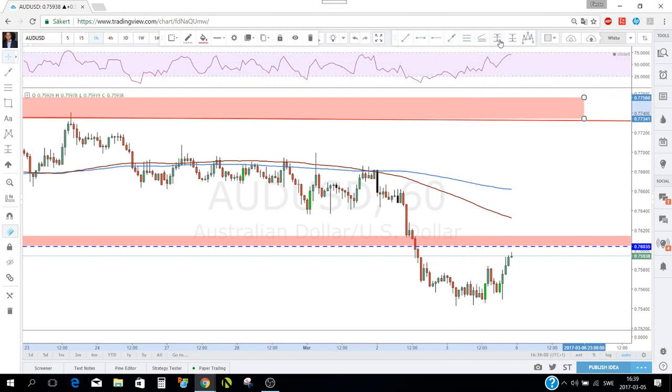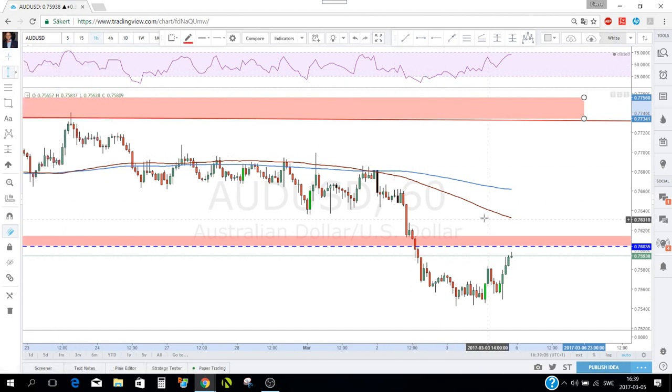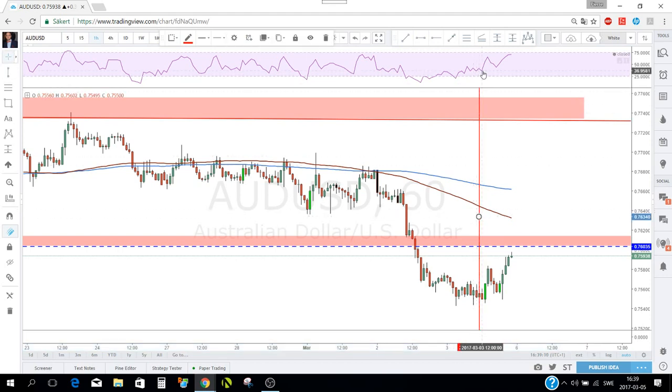Let me show you what I mean. Where is my vertical line? As you see here, somewhere in this area, we had this divergence ongoing already from back here. We start to see divergence on the RSI, and after this third touch back down here, price started going up.